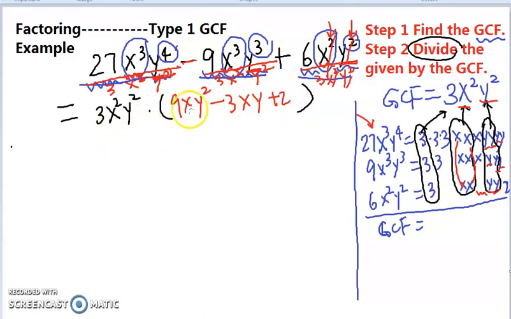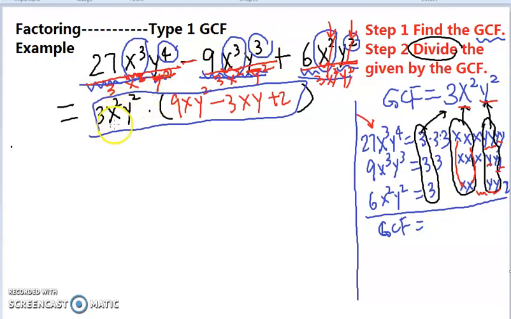Again, if you want to double check your answer, you can multiply, distribute this to all three of them, to make sure you didn't do anything wrong. So we can do a quick check here. 3 times 9 is 27. x squared times x, x cubed. y squared times y squared, y fourth. And then distribute again. 3 times negative 3, negative 9. x squared times x, x cubed. y squared times y, y cubed.